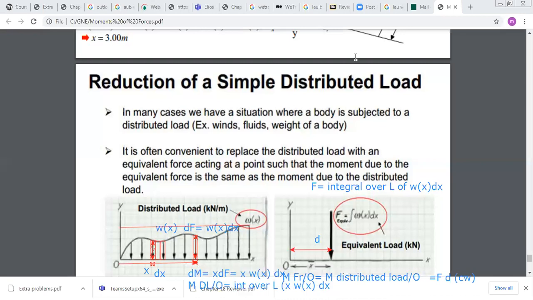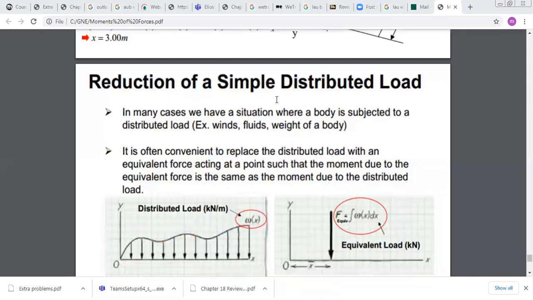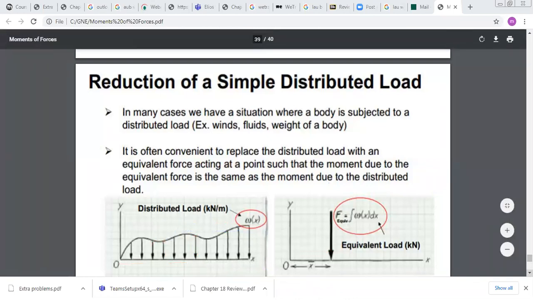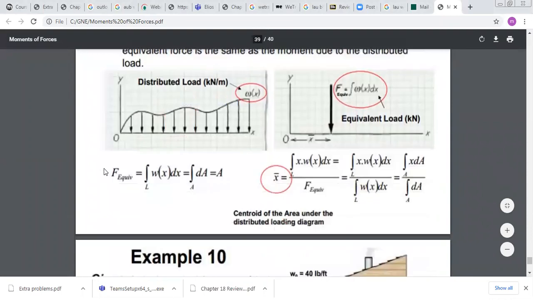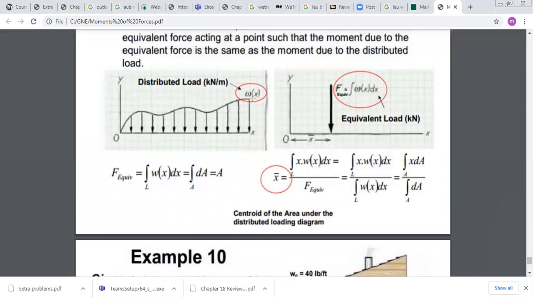Okay. So let us do a small analysis of the result we obtained. In the equations, we said that F equivalent is equal to the integral of omega x dx. But you know from math that when you integrate a function, you obtain the area under the curve.